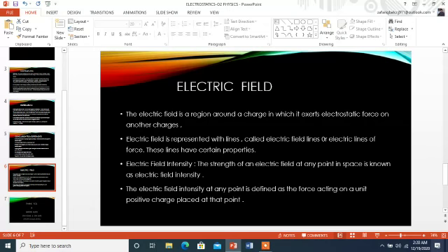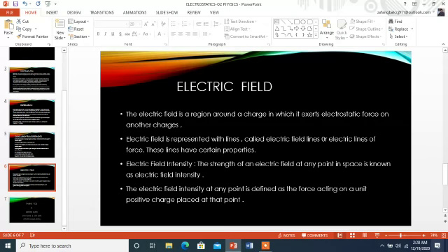So there are these two charges. One is the charge which is experiencing force and the other is the charge which has its own field. When an outer charge comes in the field of one charge, the charge which has its field is called the source charge, and the charge which experiences force and comes into the field of another charge is known as the test charge.